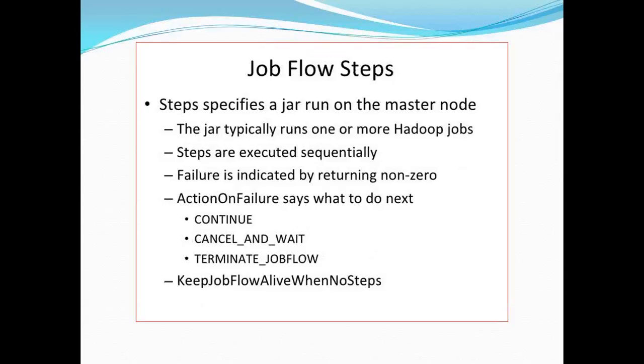These are just some low-level things talking about the individual job flow steps. You can configure or specify the jar files that need to be run on the master node. And it will have the different steps that should be executed sequentially.